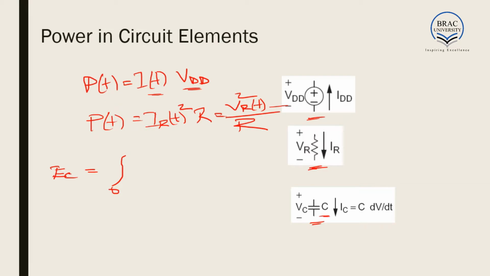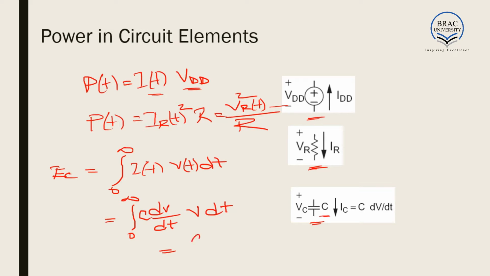Energy is equal to the integration from 0 to infinity of i(t) v(t) dt. We know the current through a capacitor is equal to C dV/dt. So energy is the integral of C dV/dt times V dt.